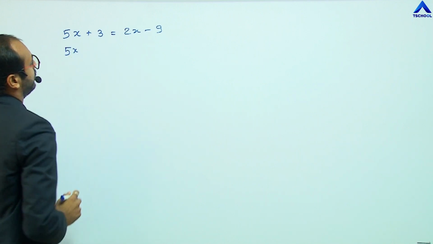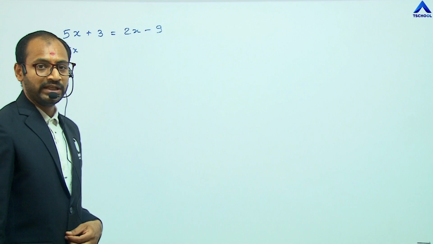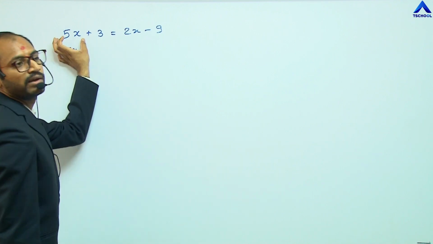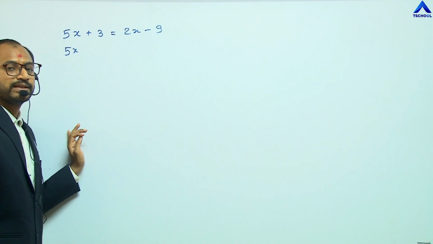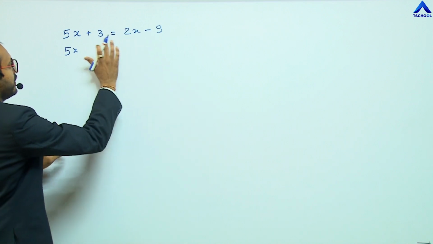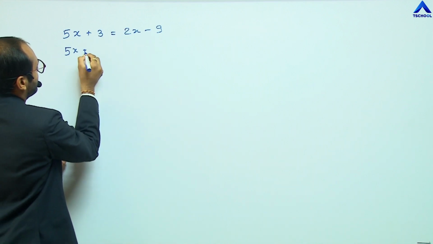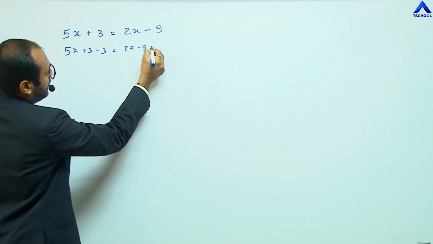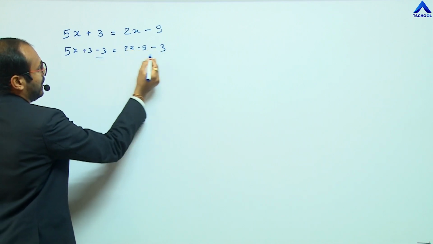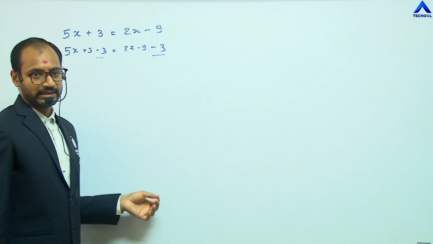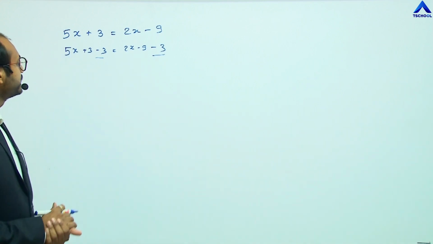First of all, we take the additive inverse to make the variable alone on one side. So I have to subtract 3 on both sides, that is the additive inverse of 3. So here is plus 3 minus 3, here is 2x minus 9 minus 3. We are doing this process to make x alone on one side.